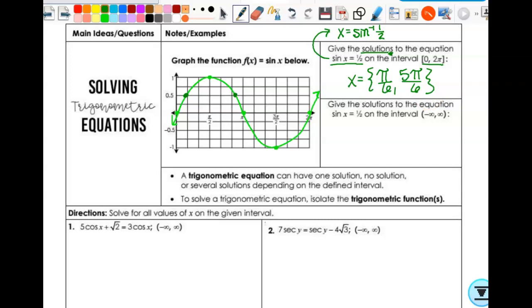Okay, so this next one says, give the solutions, so again, implies there's more than one, to the same equation on the interval negative infinity to infinity. So from negative infinity to infinity, how many times am I going to have a y value of 1/2?